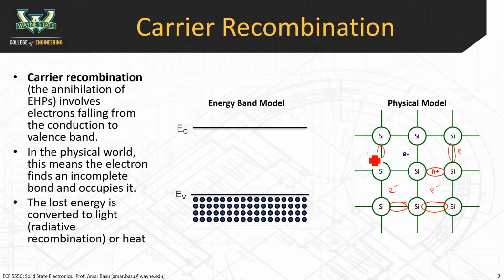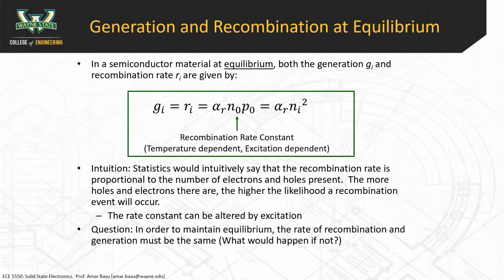Every generation event creates an empty state, and it creates an extra electron. So if there's a lot of electrons and a lot of empty states, the probability that they come together gets much higher. The more electrons, the more holes you have, the higher your recombination rate goes.